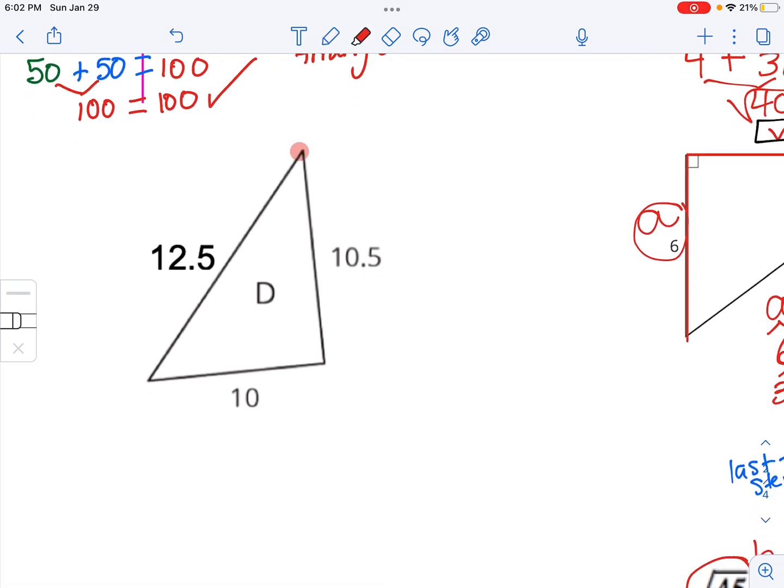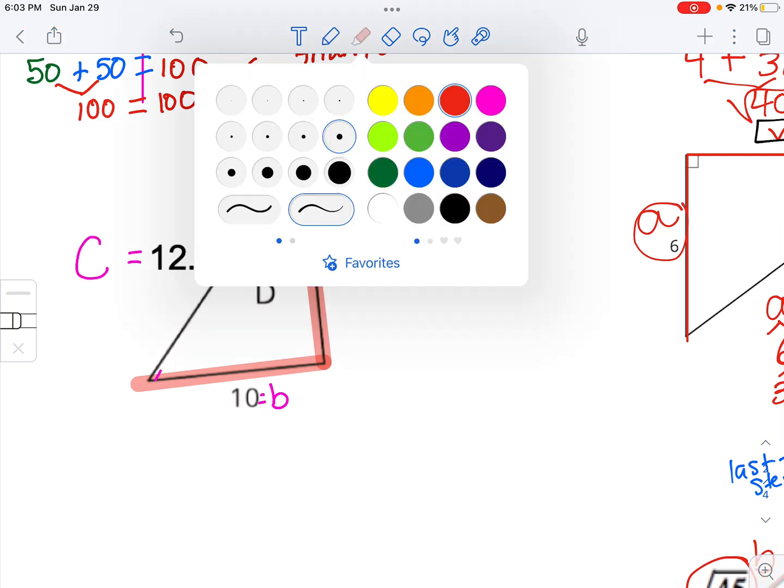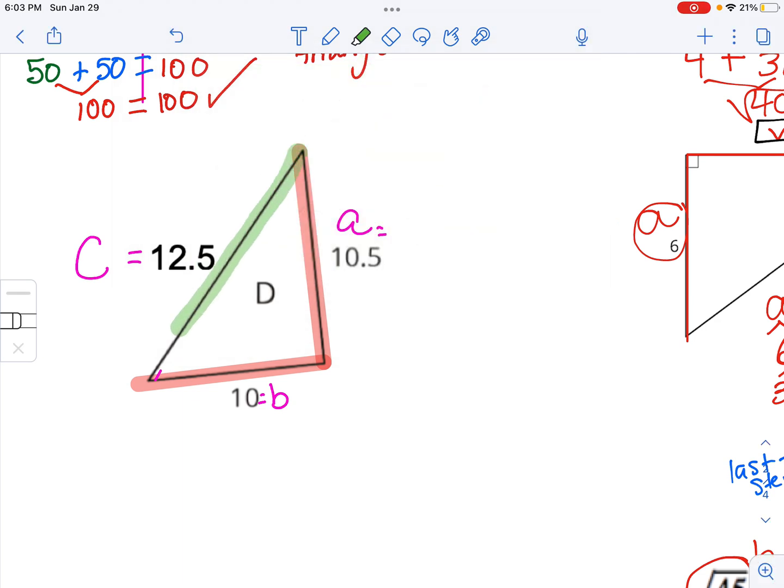This one's shaped a little bit easier. I have my legs making that straight angle, 90-degree angle. Also, this is my A, and this could be my B. And this has to be my C because it's the biggest number for the longest side. Because it's the biggest number out of 10, 10.5, and now 12.5 is the biggest.